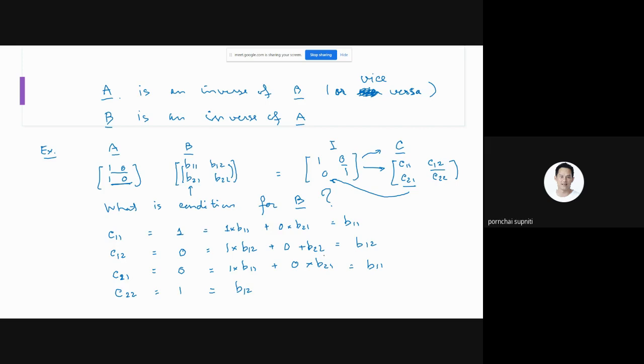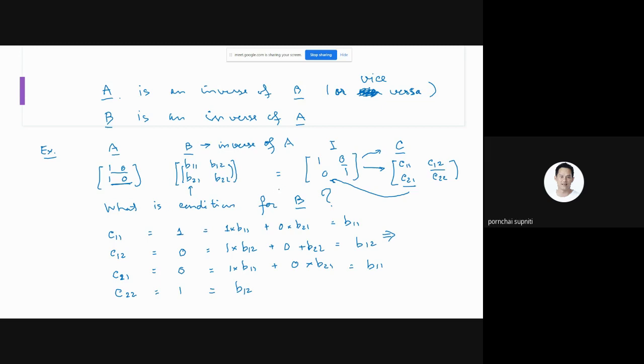So from these results, if A multiplied with B gives an identity, we know that B is an inverse of A, right? Is that true? And the question is, what's the condition for B?